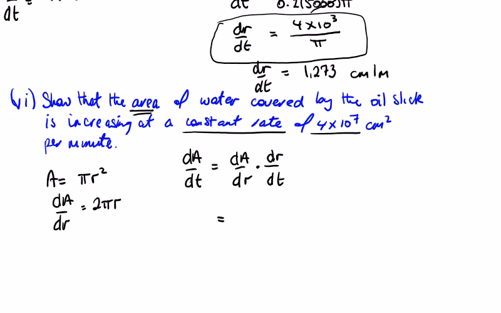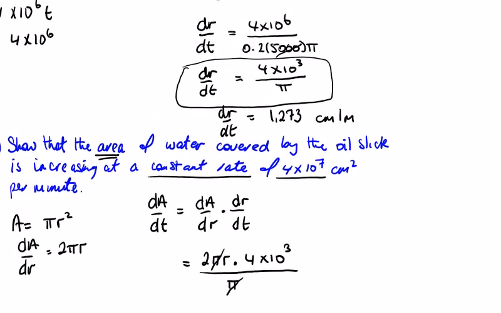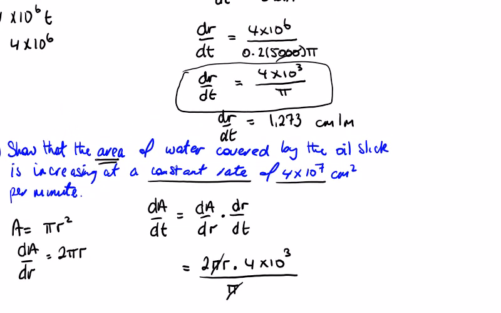So that's going to give me 2 pi r times 4 by 10 to the power of 3, I'll leave it as, over pi. So see here, my pi's cancel. And actually I've left my r out here.